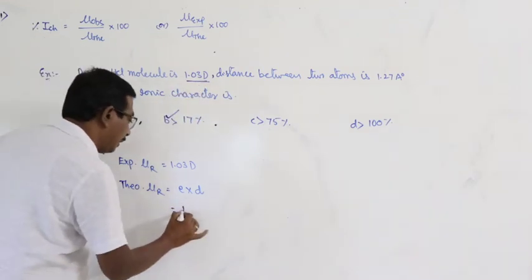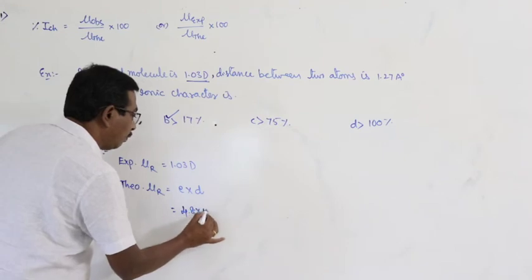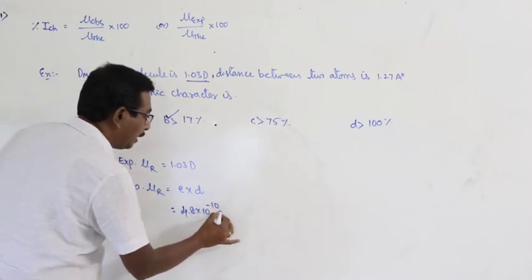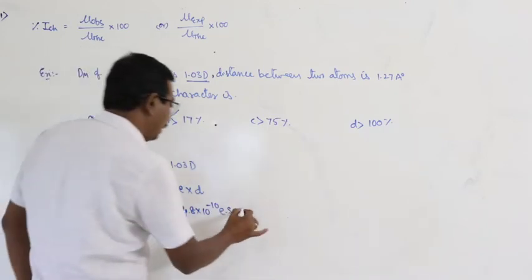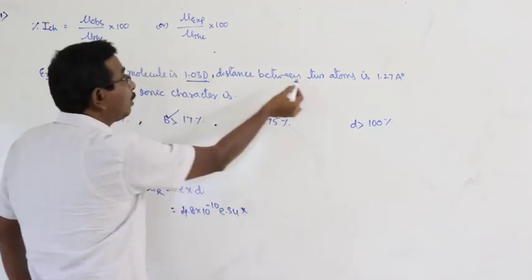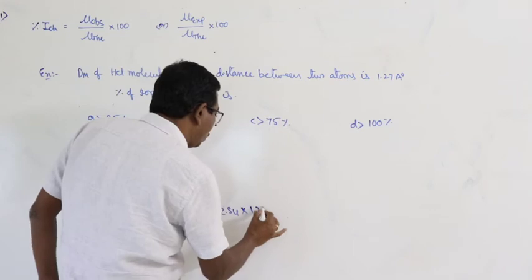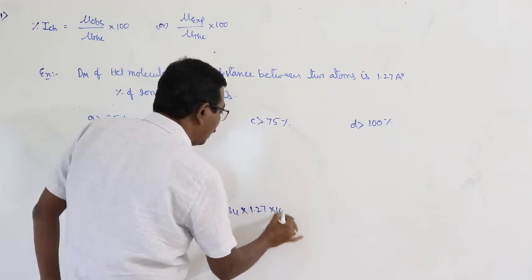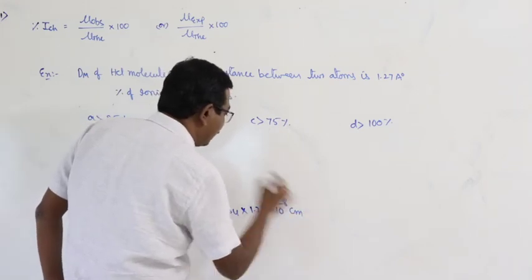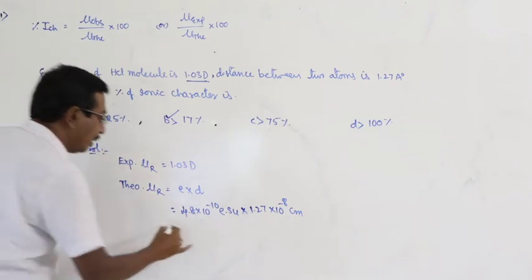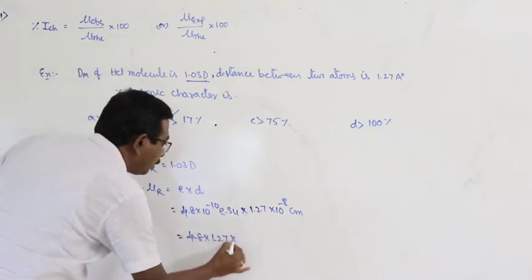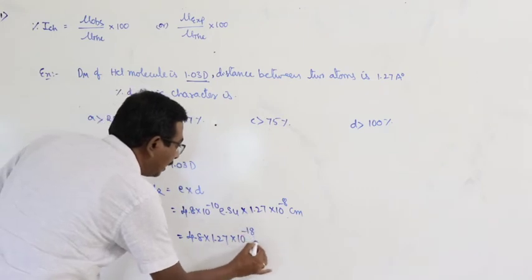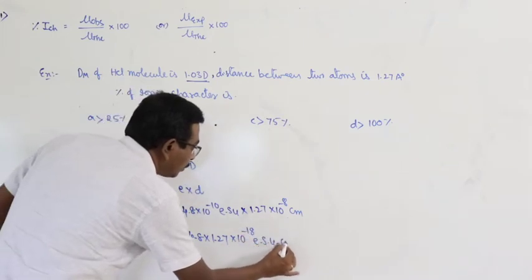Here I am taking ESU centimeter. 4.8 into 10 to the power of minus 10 ESU into, what about the distance? 1.27 into 10 to the power of minus 8 centimeter. That is equal to 4.8 into 1.27 into 10 to the power of minus 18 ESU centimeter.